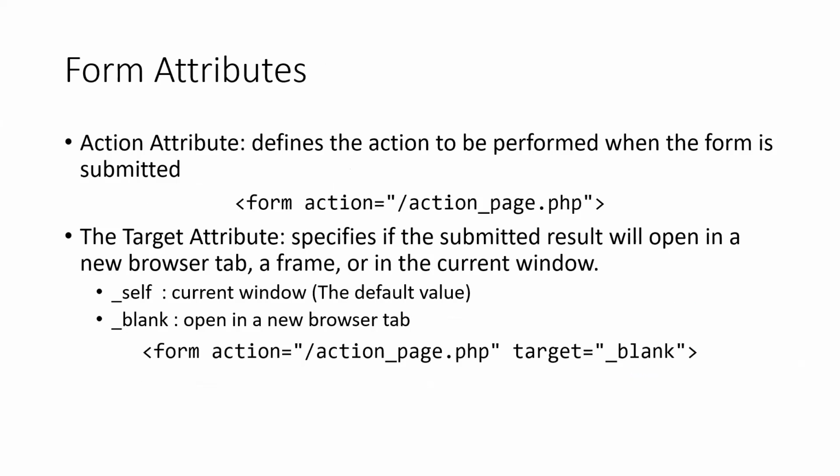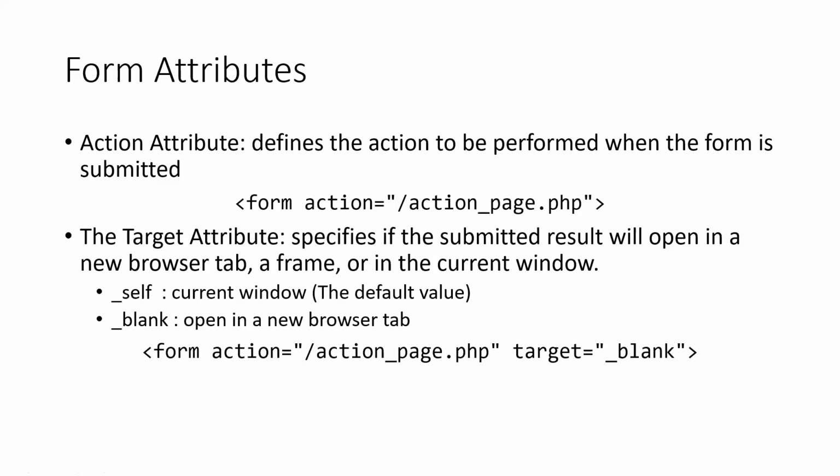Now, when you submit your form, there should be a place where I process the submitted data. This we call the form action. When you start with the form, there's an action attribute, and then you have to list what will be the page which will process the input data, right?